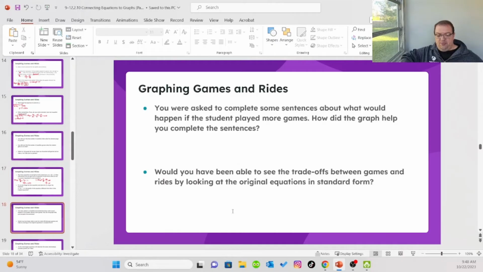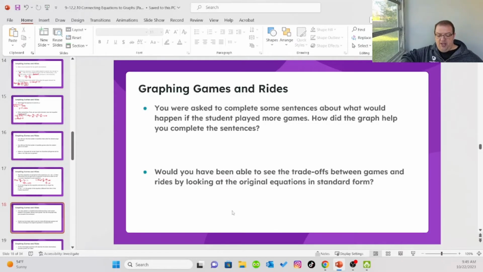You were asked to complete some sentences about what would happen if the student played more games. How did the graph help you complete the sentences? Looking at the graph, we can see that we always had a negative slope. As the games increased, the number of rides decreased. We were able to notice this on the graph.